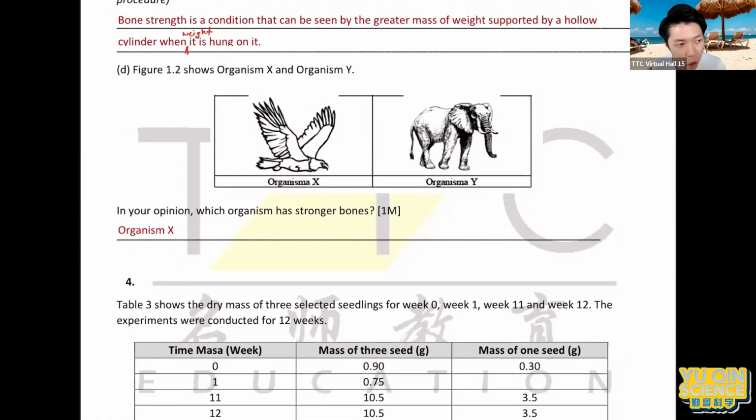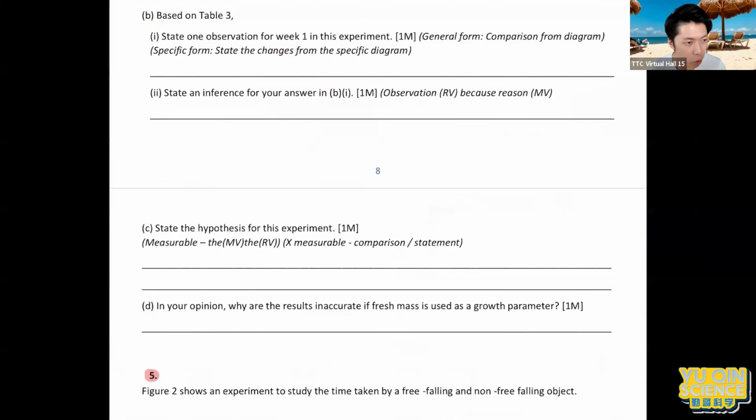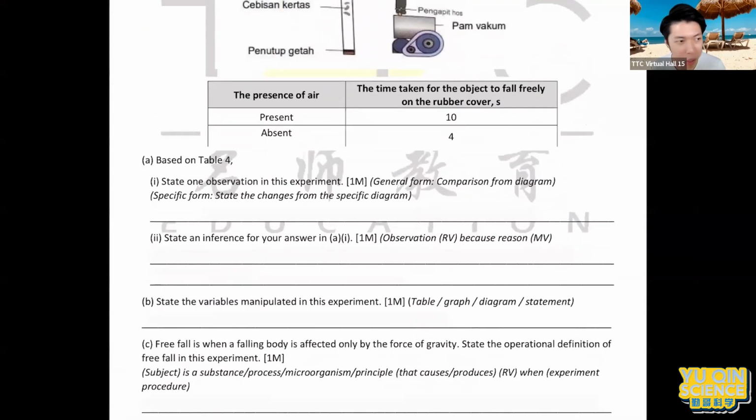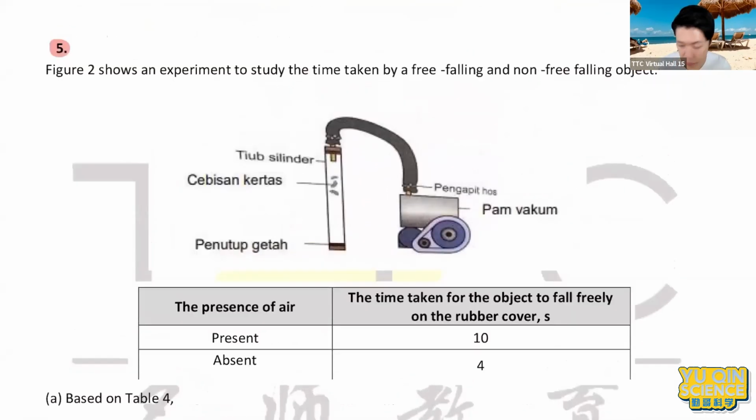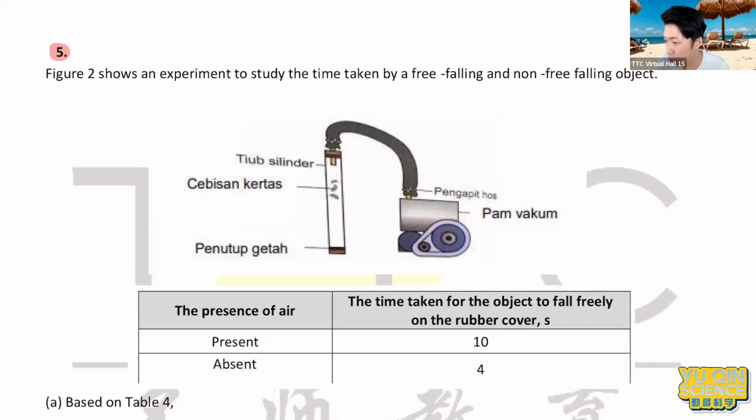We try out more. Okay, let's roll to page number 9, question 5. Free fall. Okay, all good, shall we? What chapter is this? Form 4, chapter 11.